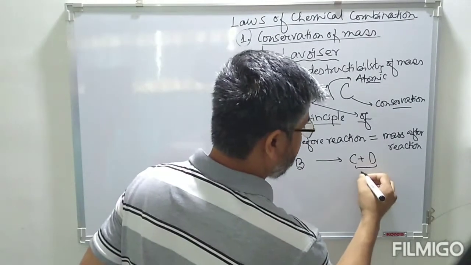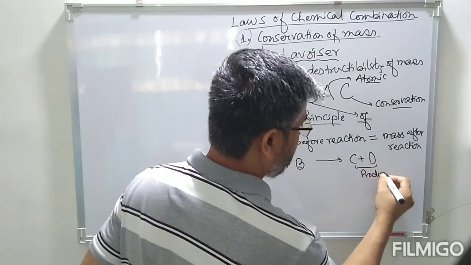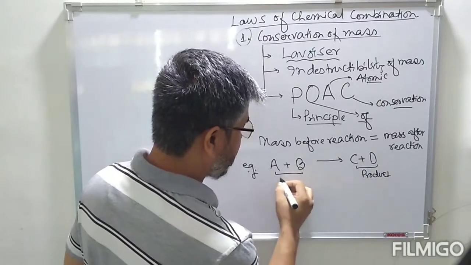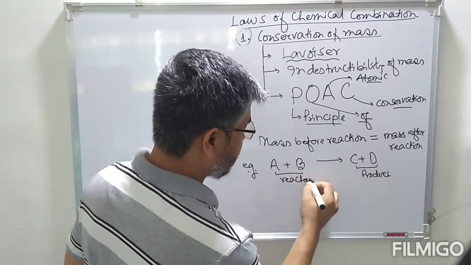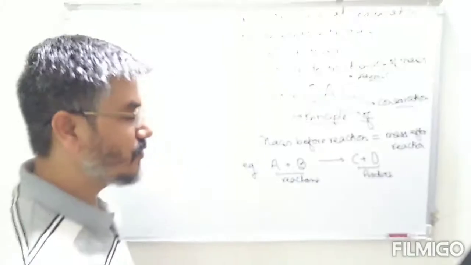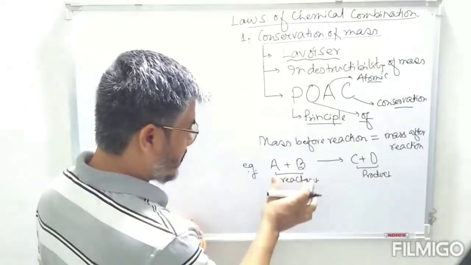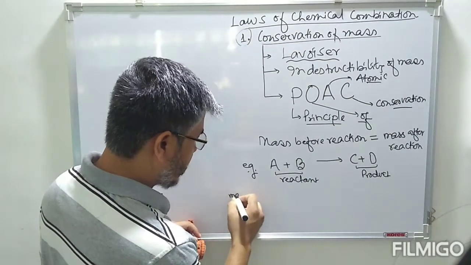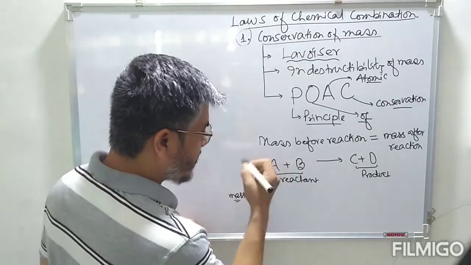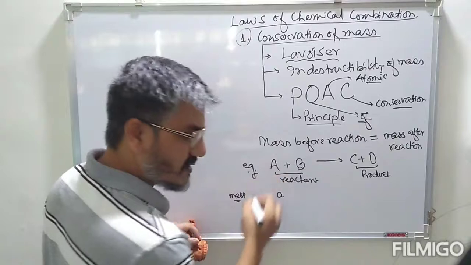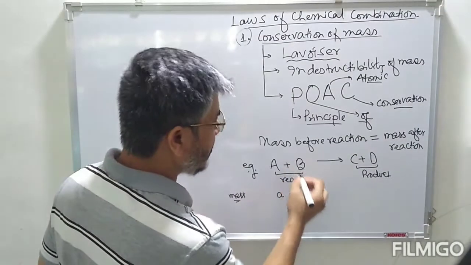Now this C and D, this is product, while this A is the reactant. Now let's suppose, for starting with this reaction, mass of A taken for this reaction is A gram.